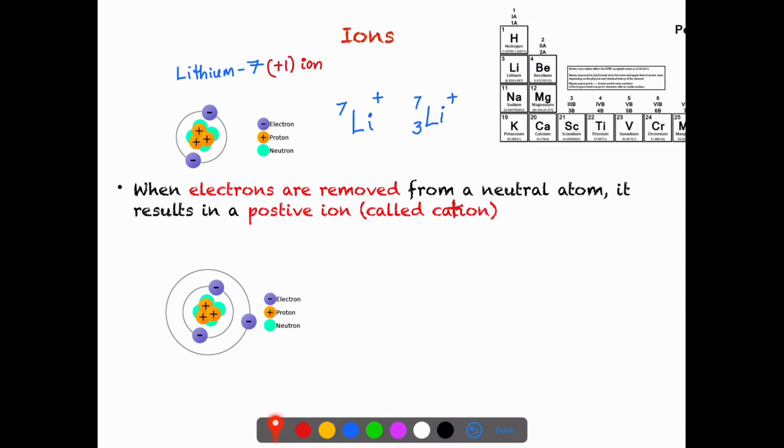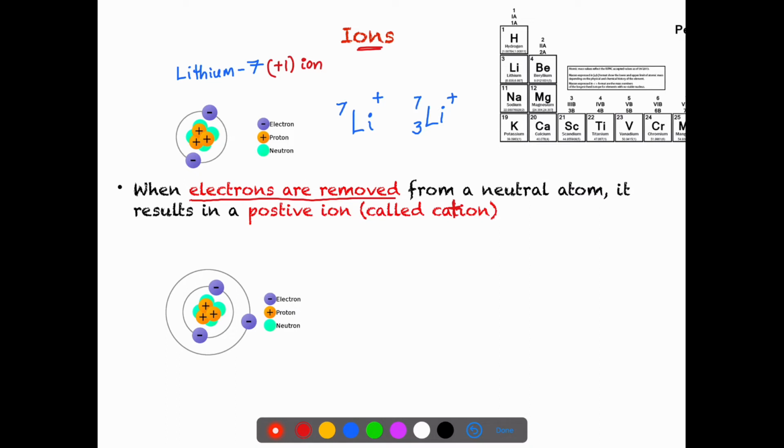You have reactions going on that will change the number of protons, but not in the regular chemical reactions that we do in the lab. Because if you touch the nucleus, an enormous amount of energy is released, or you also need an enormous amount of energy to do that. Okay, so remember, when you create ions, you are just removing or adding electrons, not protons.